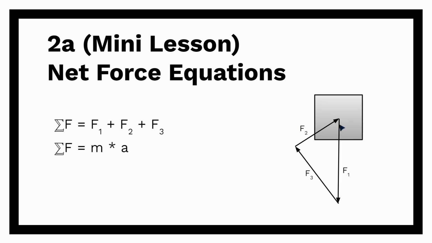We did this yesterday where the sum of all the forces leads right back in the middle. So the net force is 0, and mass times acceleration is 0 because all the forces lead back to the center of mass. But another thing to do is the net force, or the sum of the forces equation, right?